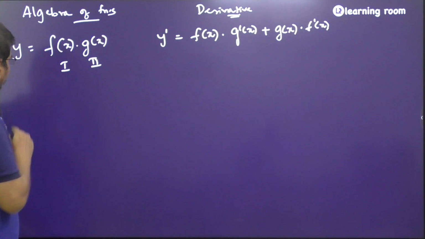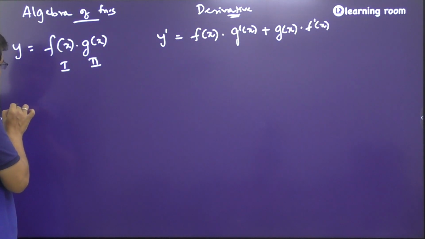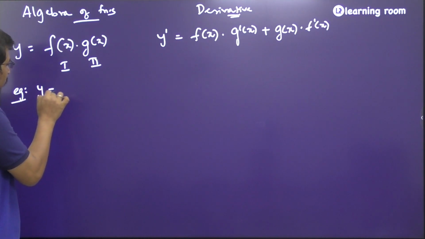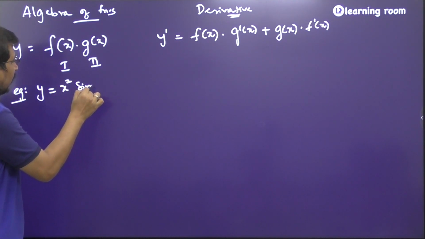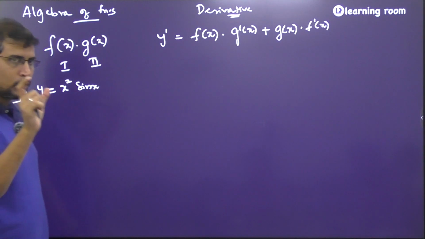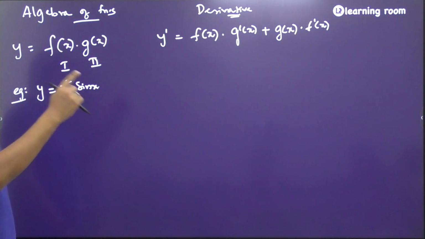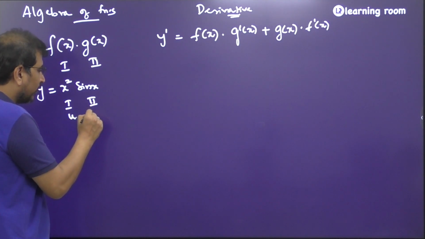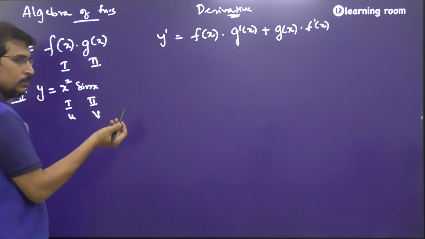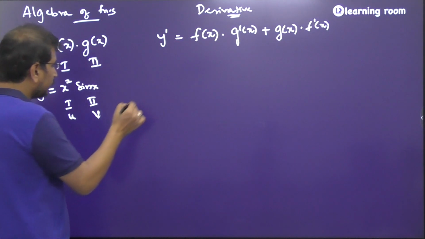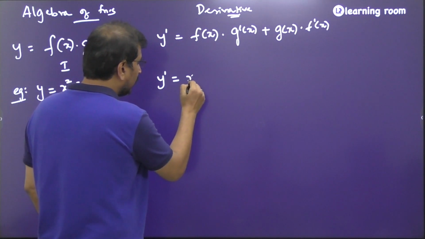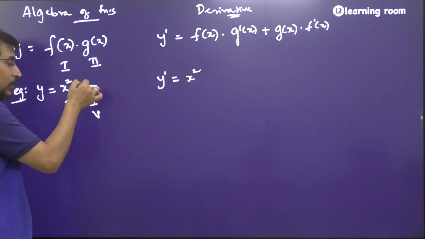Right? Okay. So if I take an example, for example, y is equal to, if I take x square sin x, I'm using the same combination of functions, x square sin x. So this is first, this is second, or if you have learned it as u and v, you can take this also, right? So y dash will be first function into derivative of second function.